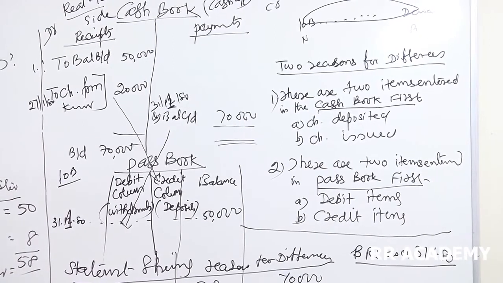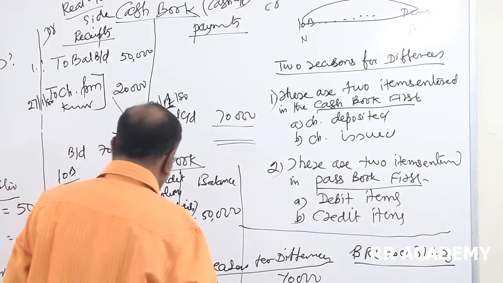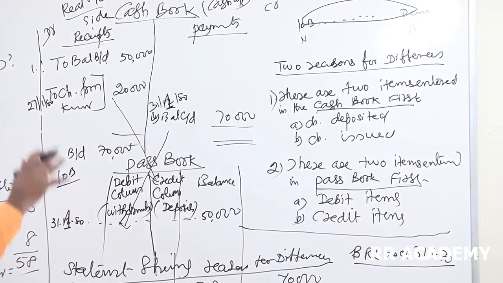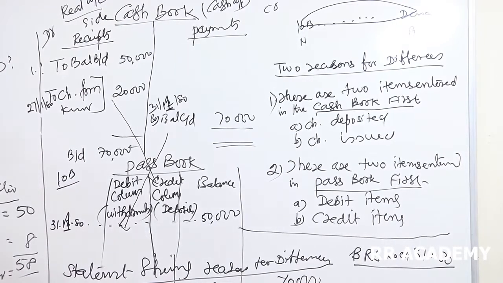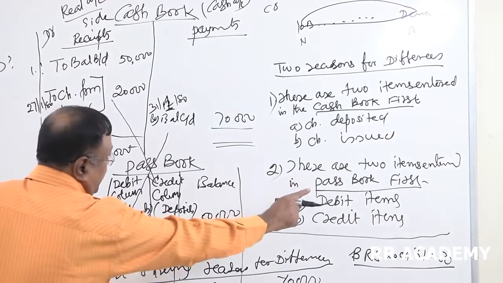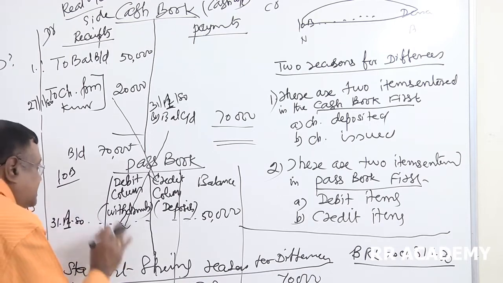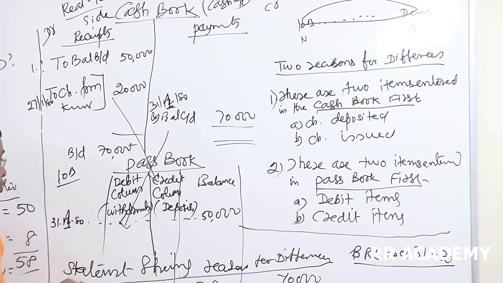Another one, there are two items which are entered in the passbook first. Now, I will give you some time to write down, friends, because these are all sums not at all involved. Only introduction, explanation. In the passbook, it will be entered first, not checks. For example, in the debit column, because the bank is doing certain services, they will debit our account.